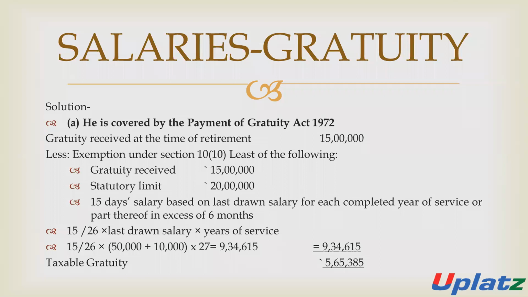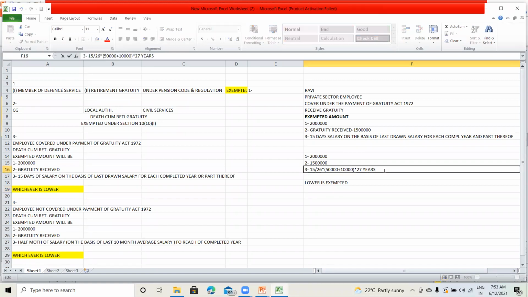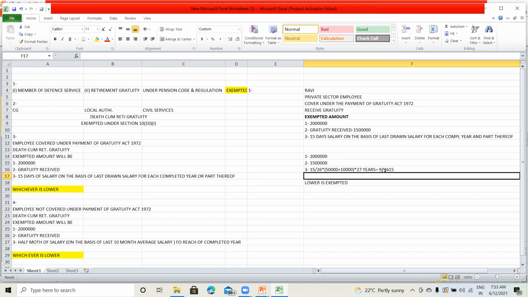So the gratuity received at the time of retirement is 15 lakh rupees, and the exemption will be 15 lakh or 20 lakh, or 15 divided by 26 into last drawn salary, 60,000, into 27 years, which is 9,34,615, whichever is lower.